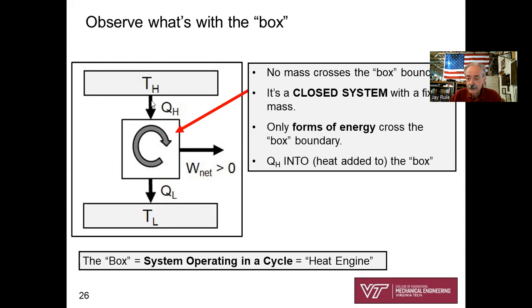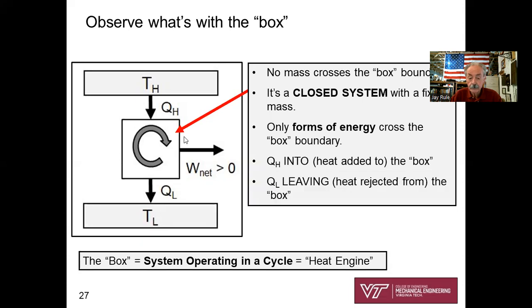QH is traditional heat added. It's like Q net, heat added into the box. QH, Q high. QL is heat that is leaving the box, heat that's rejected from the box. I'm going to talk a little more about that, but please recognize that this is a little different than what I've been preaching about.